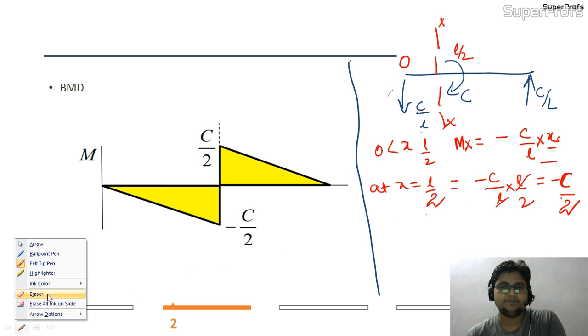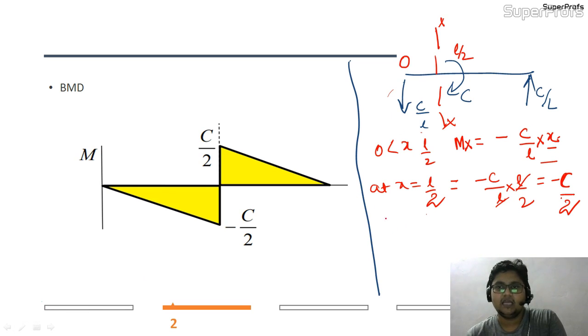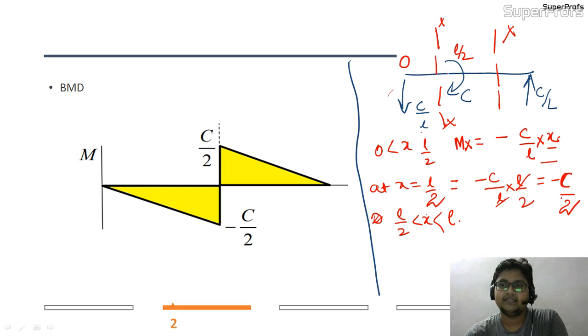Again, for the region from L by 2 to L, if my section plane is here, lying in the region of L by 2 to L, the equation will be Mx equal to minus C by L x, and this couple is acting after L by 2.